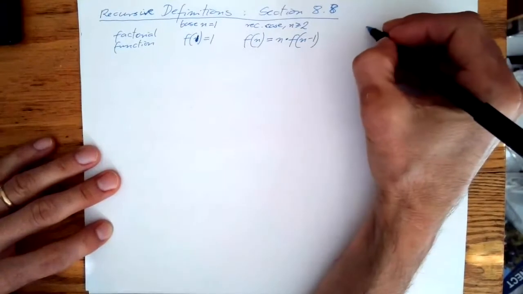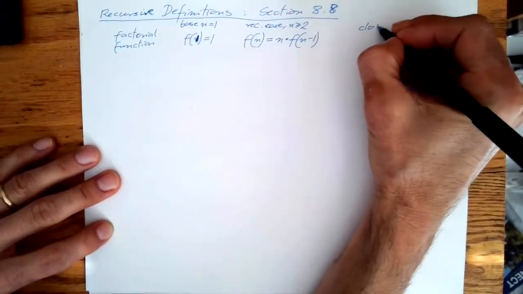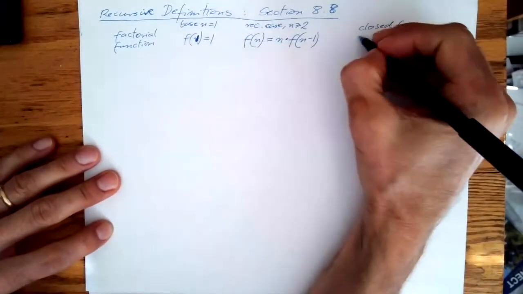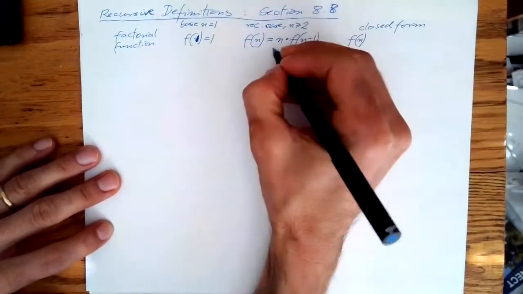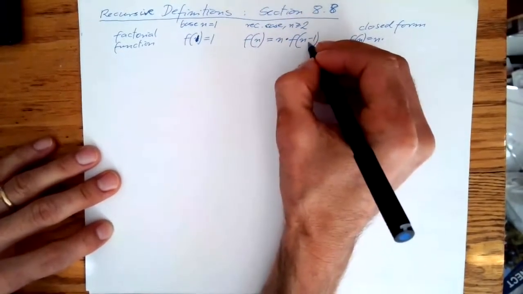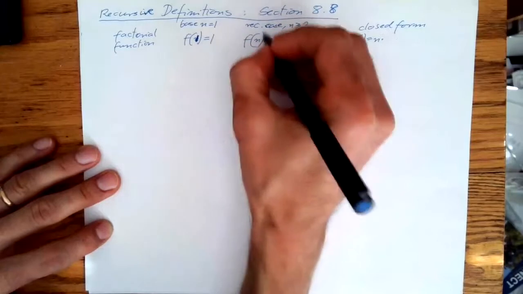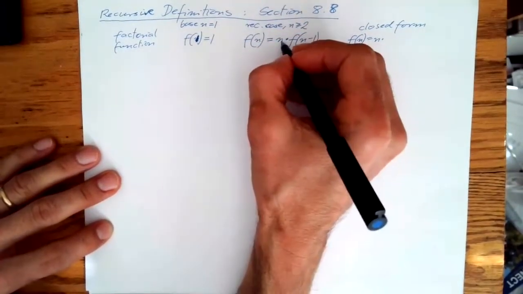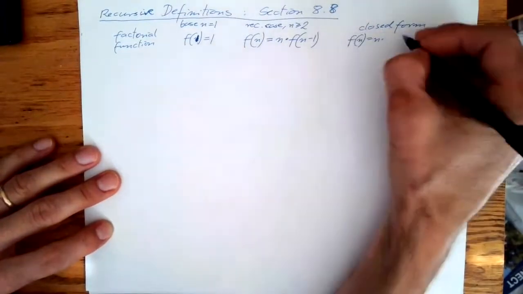And if you unrolled this recursion and showed a closed form, what would you get? So f of n is n times the previous one. What is the previous one? Well, you run the recursive code again. f of n minus 1 is n minus 1 times f at n minus 2.